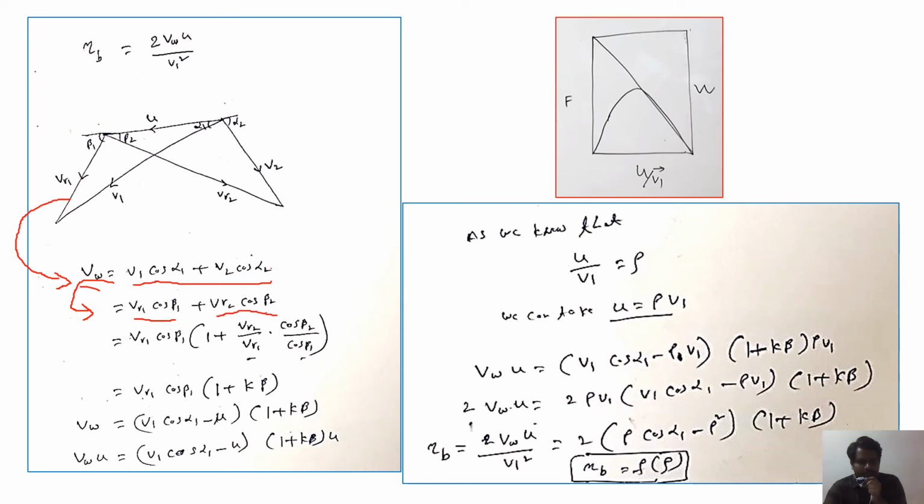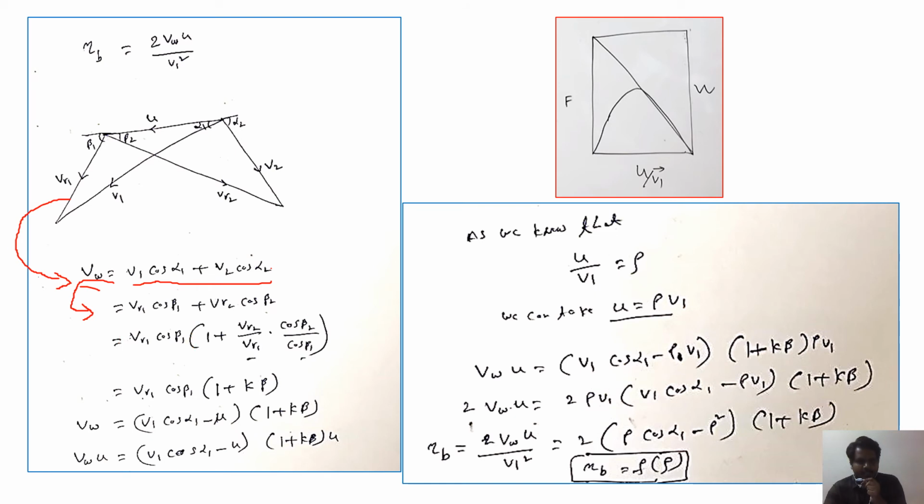Now if you take out VR1 cos beta 1, it would be 1 plus VR2 divided by VR1 into cos beta 2 divided by cos beta 1.